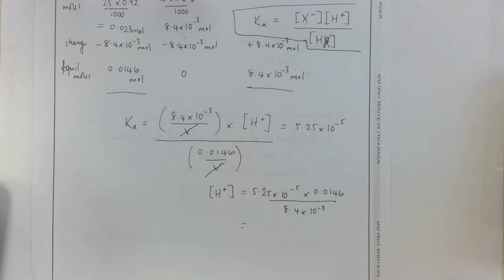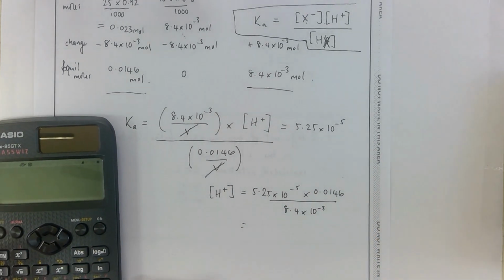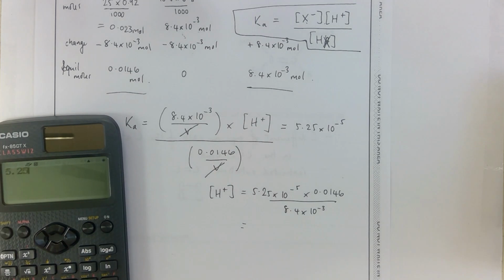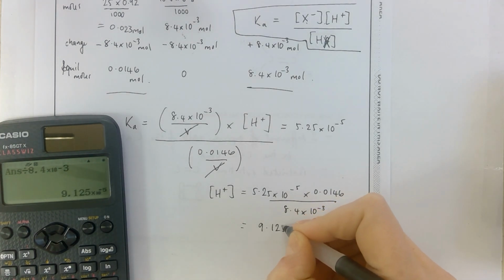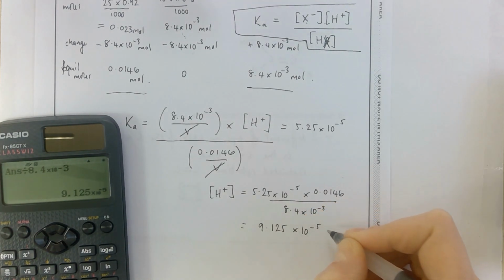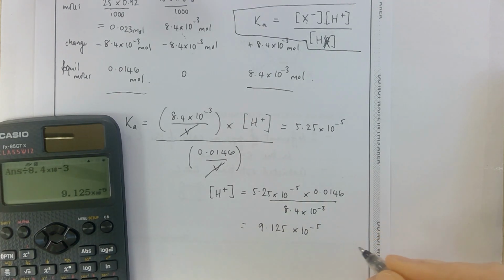Put it through your calculator, and I get 9.125 times 10 to the minus 5 moles per dm cubed, because it's concentration. Okay, and I'm well on my way.